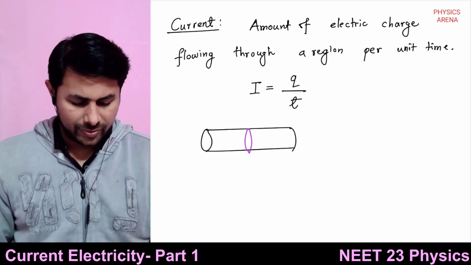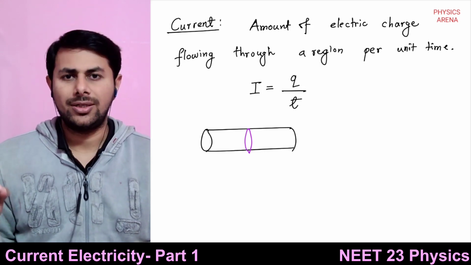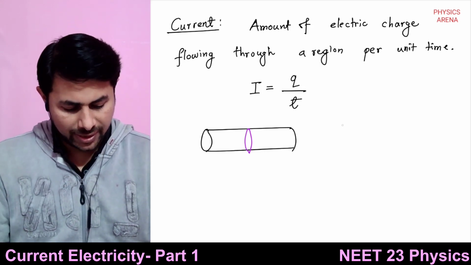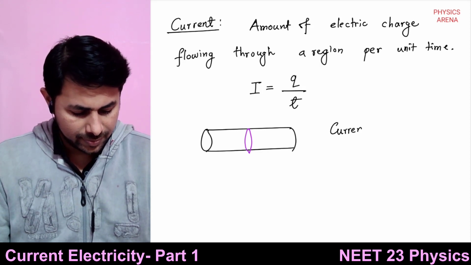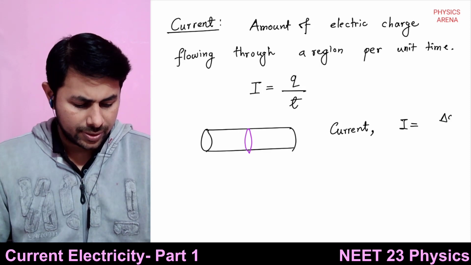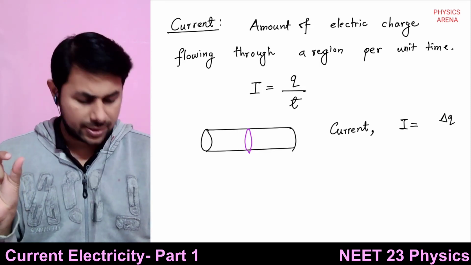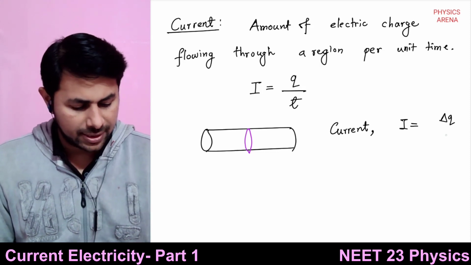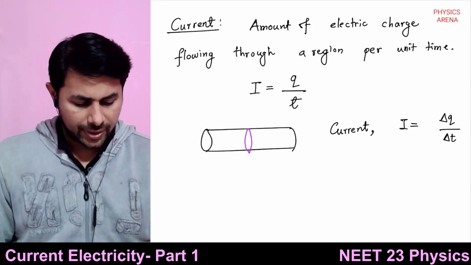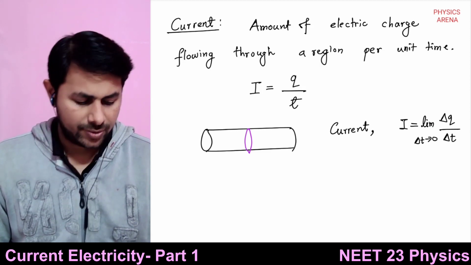So that's why we take a very small interval of time, let's call it delta t. So current is defined as I is equal to the charge which flows through this cross section, let's suppose delta q, in time delta t. So we take the limit delta t tends to 0.